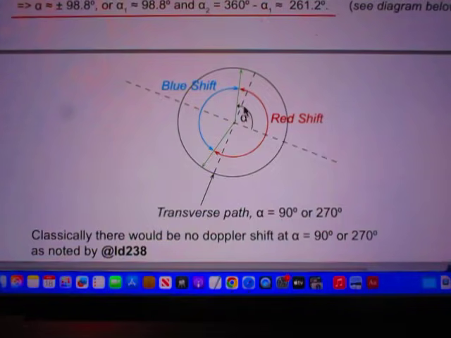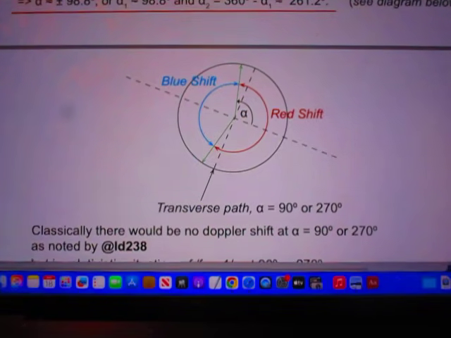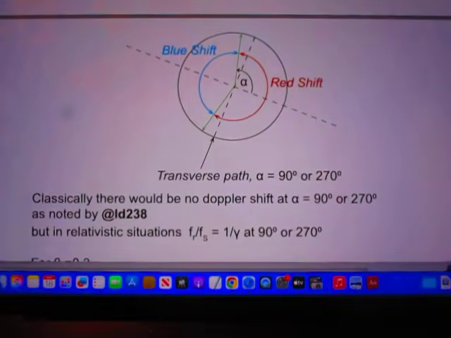So alpha is 98.8 degrees, or when alpha is right here, 261 degrees. This would be 270. This angle is smaller, 261 degrees. So there are two angles for which the blue shift is the same as the red shift.